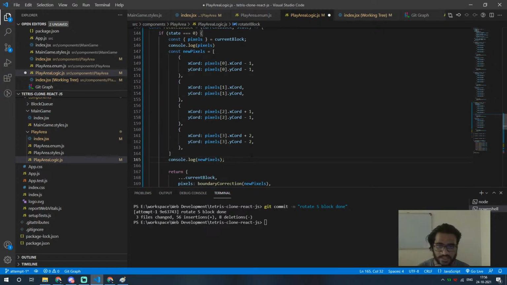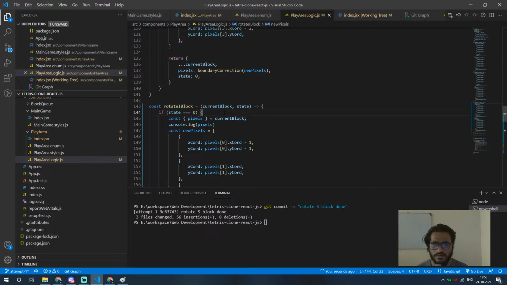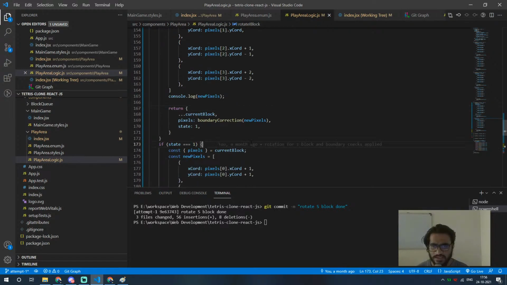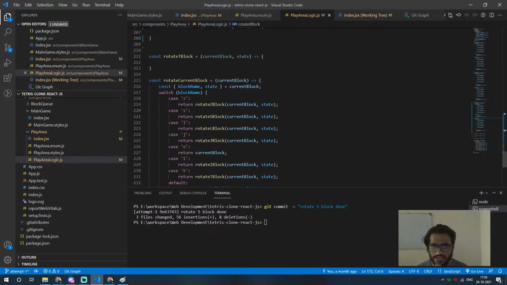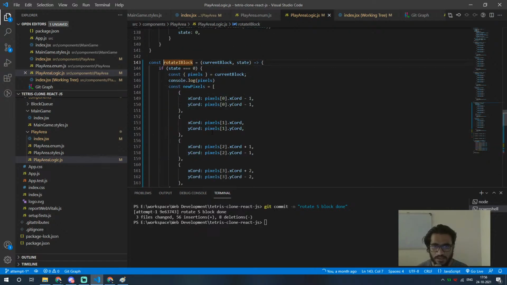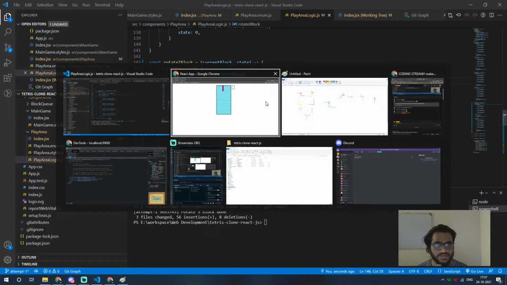I was not expecting this, but am I making the right changes? Let me see, when it comes to I, it goes to rotate the I block, right? I just hope it goes to the I block.